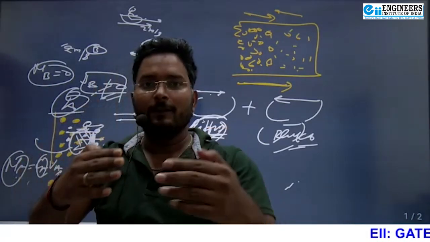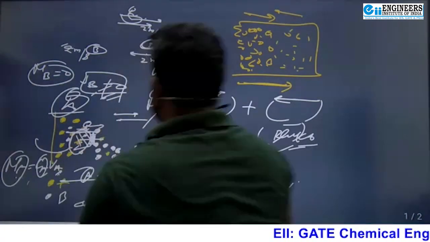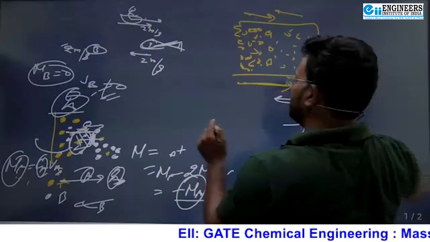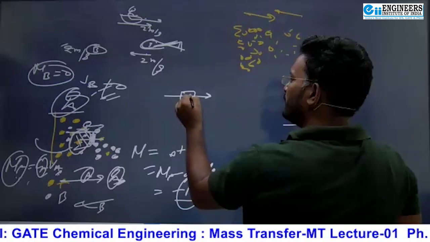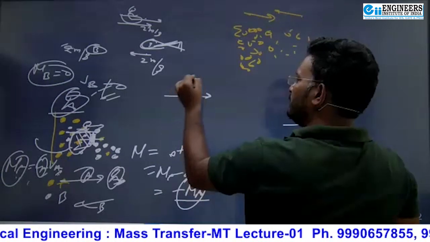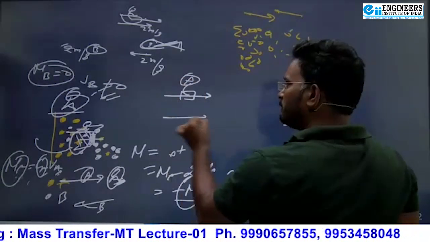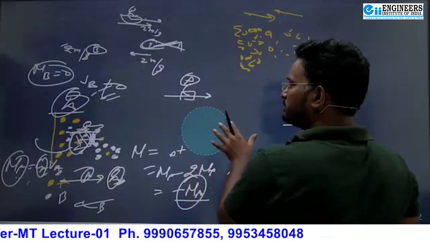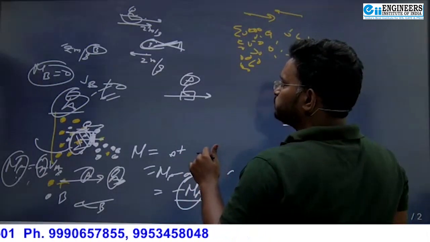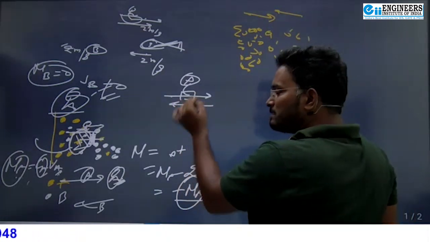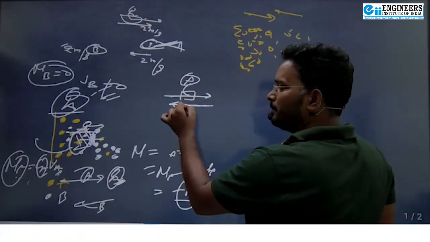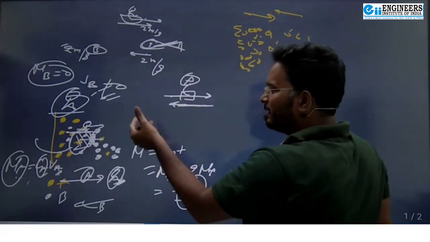For example, that is better to understand like that. Suppose a train is there, you are here, and the train is moving on the railway line.